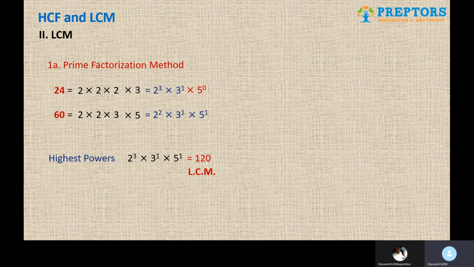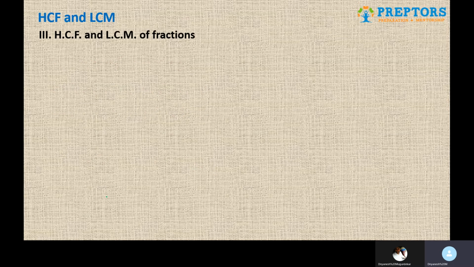Moving on to the last bit of the concept, which is sometimes what happens really is you are supposed to find out the HCF and LCM of the fractions or probably the decimal numbers. So decimal numbers, you can convert them to fractions and then you can use these formulae. So there's a very straightforward formula for calculating HCF and LCM of the fractions.